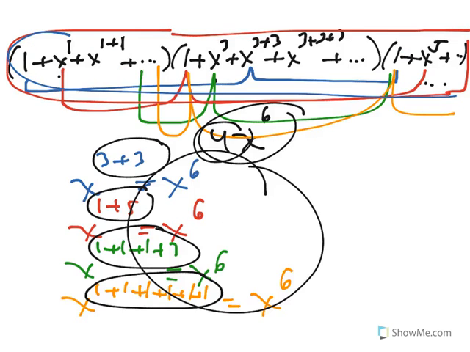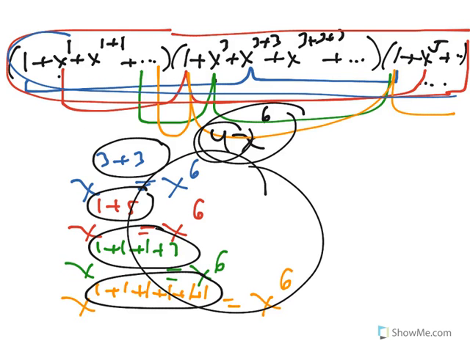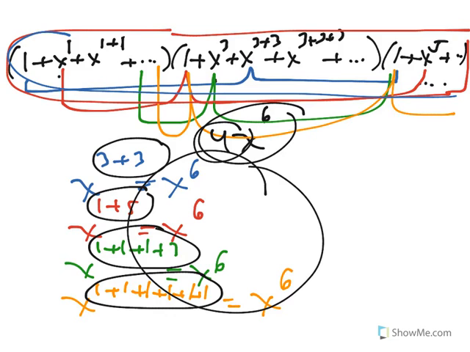So what that shows is that this polynomial up here is equal to this polynomial up here, but this polynomial's coefficients after you multiply it out is the ways of writing the exponents as the sum of unique integers, whereas this one, when we multiply it out, it's the ways of writing the exponents as the sum of odds with repeats allowed.